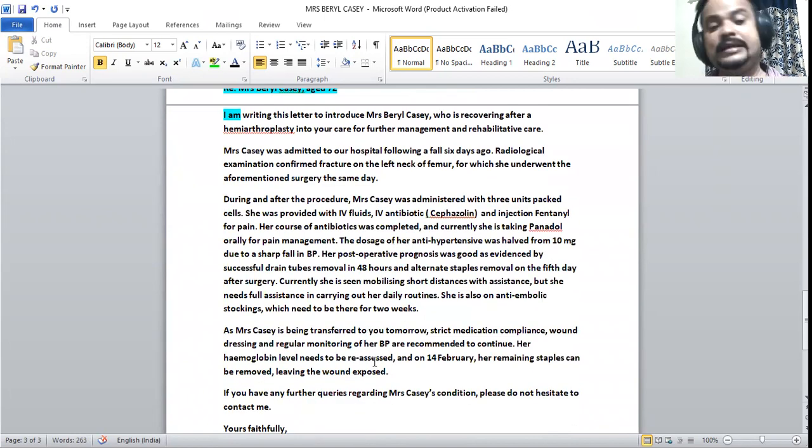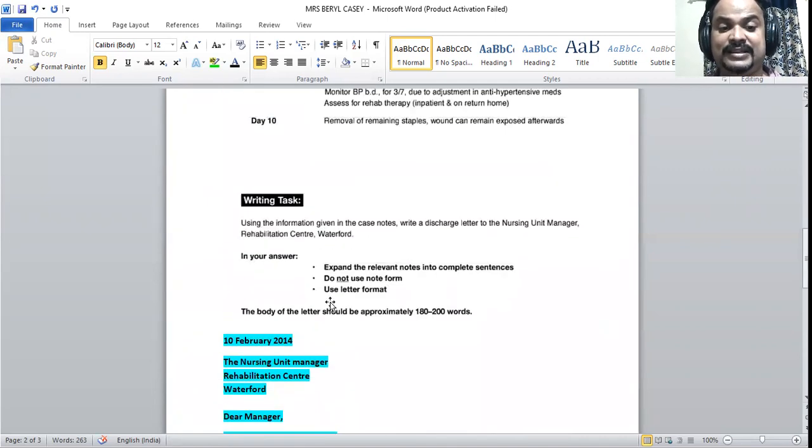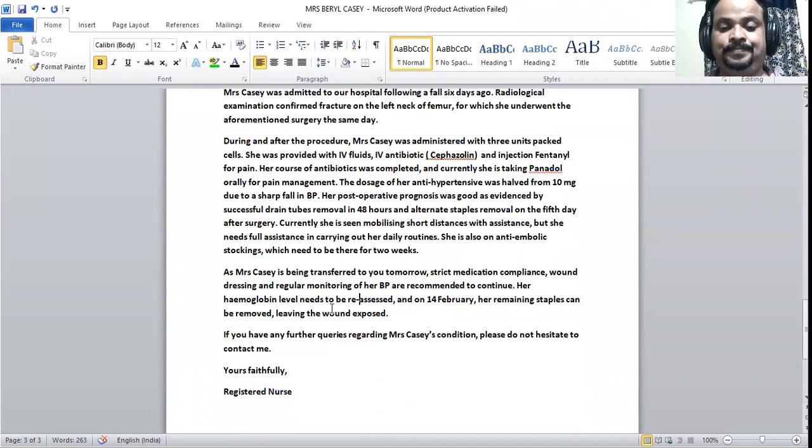So reassessed once we have assessed, or twice we have assessed in the hospital. Now it needs to be reassessed. And on 14 February, I told that is on day 10, her remaining staples can be removed, leaving the wound exposed. So the relevant data we have written here.